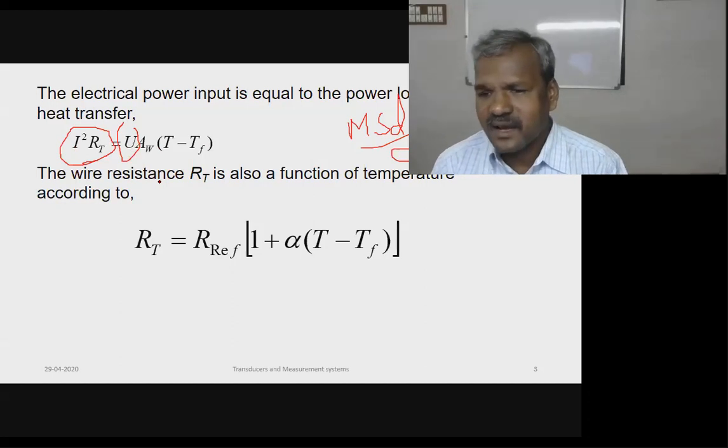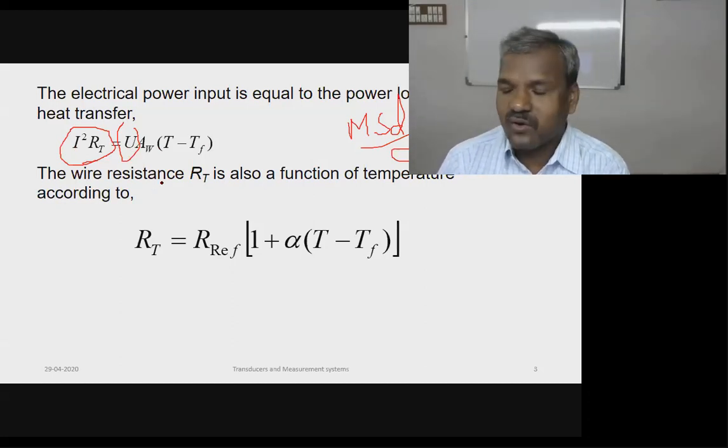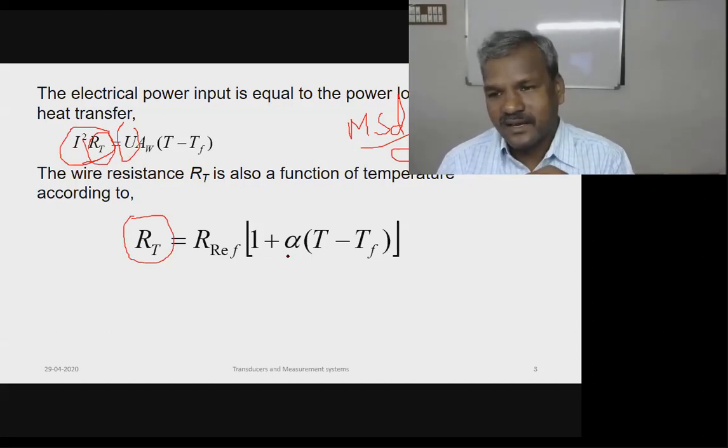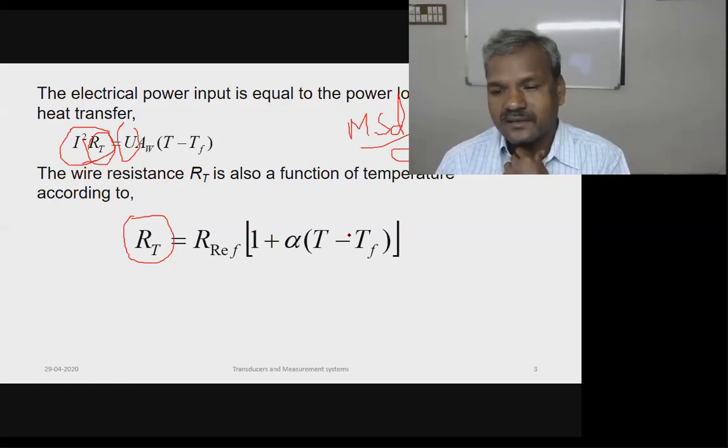The wire resistance is also sensitive to temperature. So RT is also a function of temperature. According to metal, the resistance temperature relation is given as RT equal to R reference into 1 plus alpha into T minus TF.